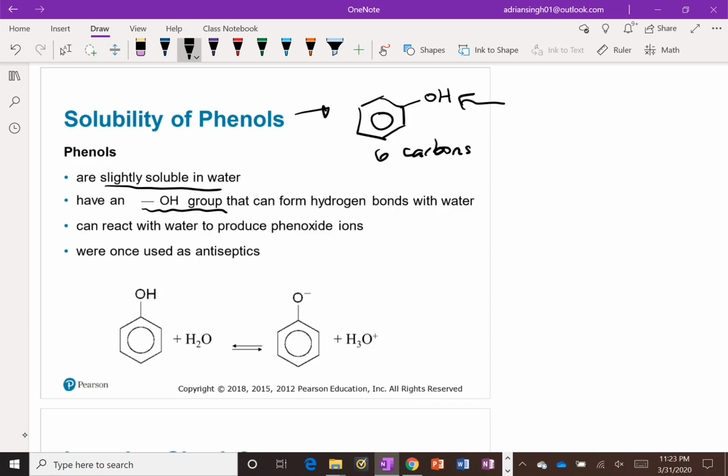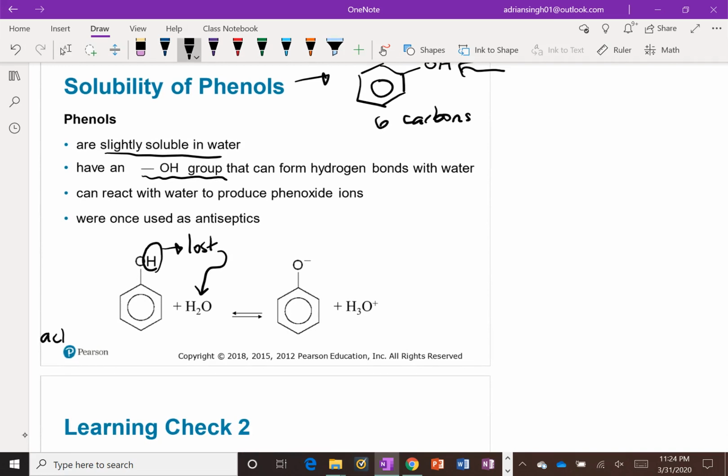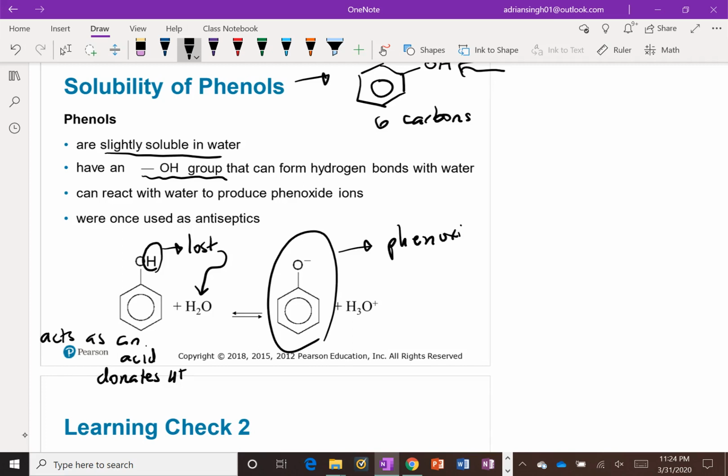And in water, it actually reacts with H2O, and the H here from the phenol actually gets lost or donated to water. So the phenol here acts as an acid by donating a proton to water, and the water there obviously is going to act as a base, and we end up making this ion here called a phenoxide ion.